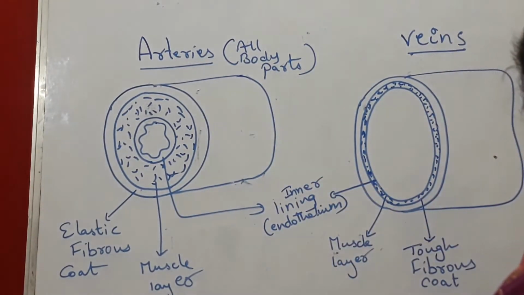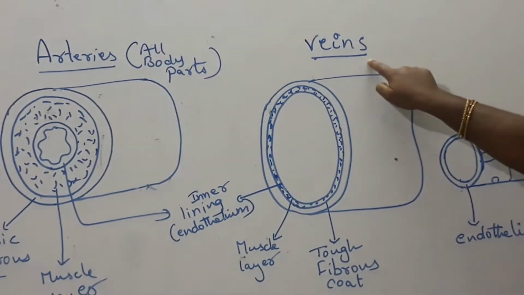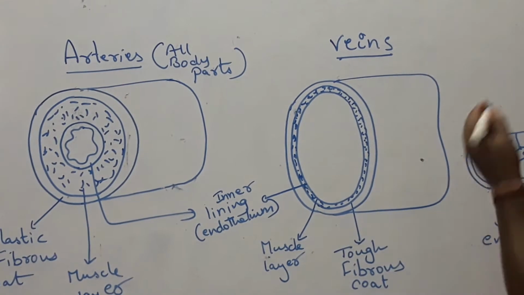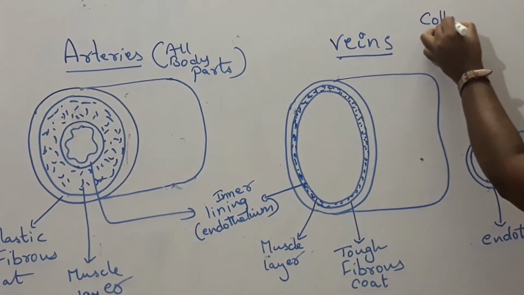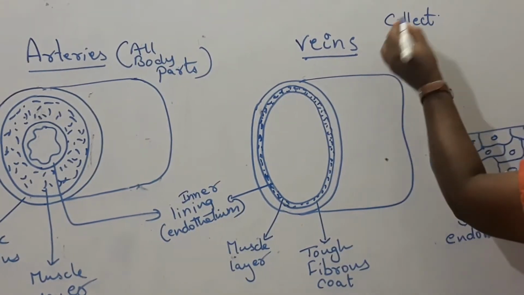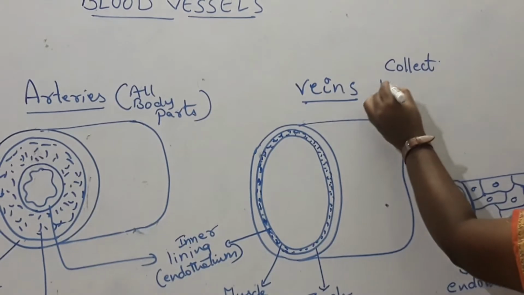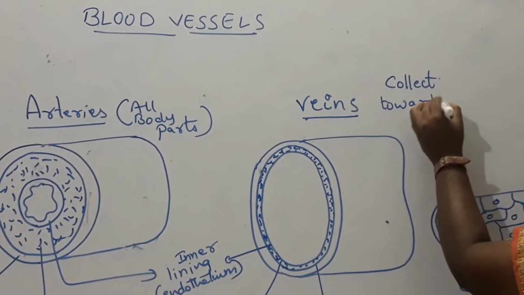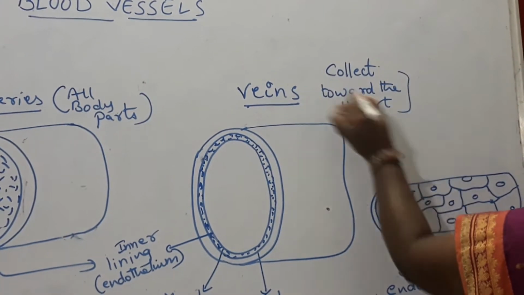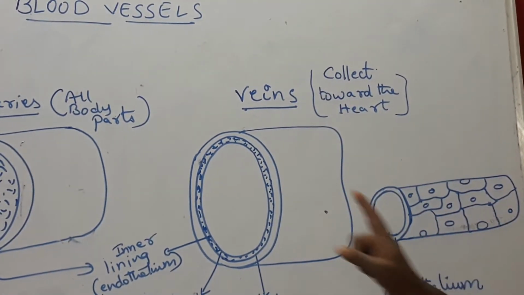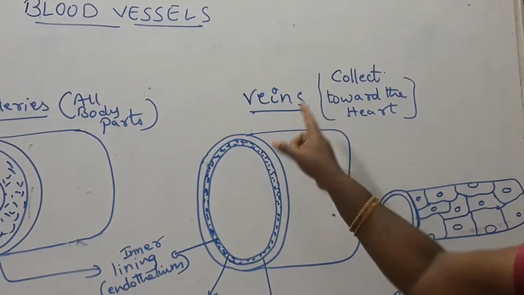Whereas veins collect the blood. They carry the blood towards the heart. Arteries are distributing blood vessels. Veins are collecting blood vessels.